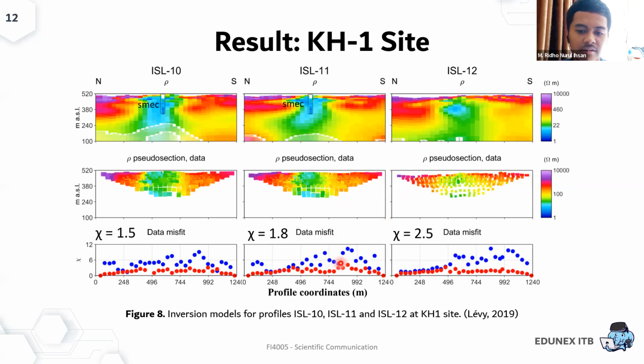In comparison, the surrounding rock is very resistive, up to 10,000 ohm meters at the surface. The resistivity values obtained from the inversion of this profile are consistent with the electrical logs in borehole KH1, located at 17 and 84 meters from the center of this profile, respectively.